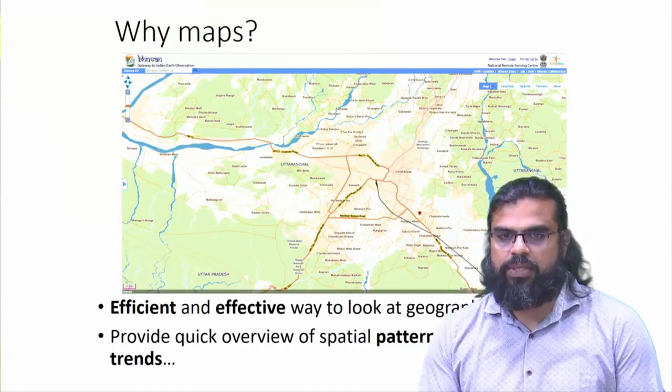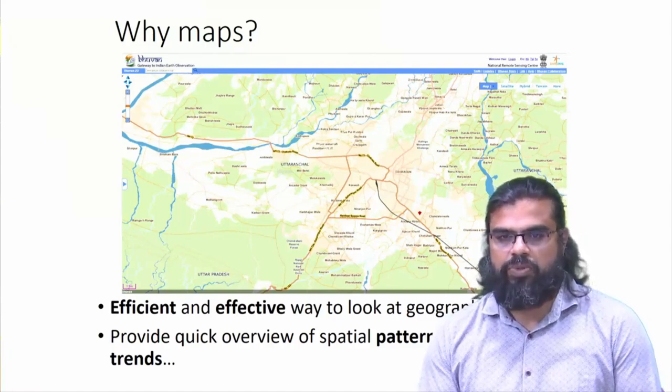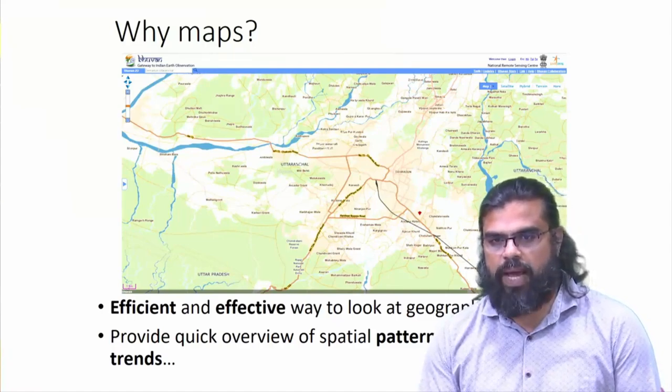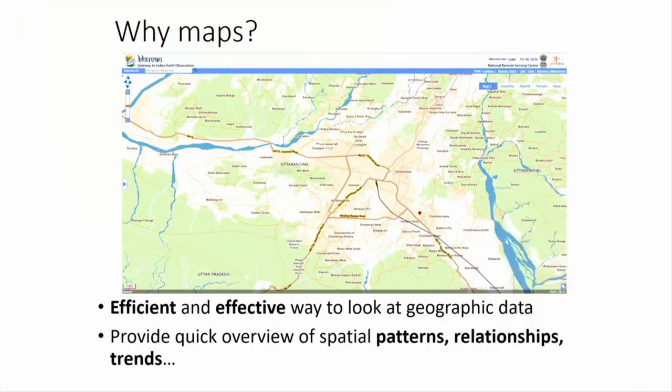So let's first discuss why do we need a map? This is a simple map which is showing different sections through a web. If you ask any kid, maybe a 5-year-old, what do you see in this picture, that kid may say, I'm seeing some red, white and blue colors and so on.